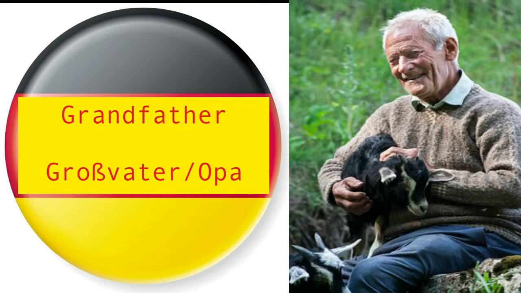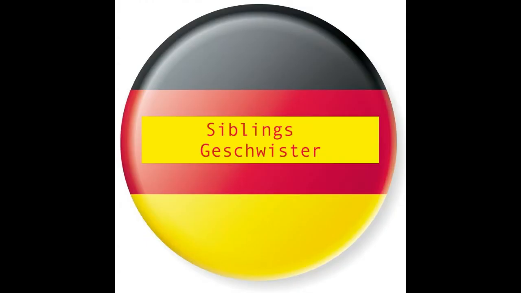One of the most common things that comes up when talking about your family is your siblings and whether you have brothers and sisters and how many, and asking people whether they have siblings. The word for siblings or brothers and sisters is Geschwister.